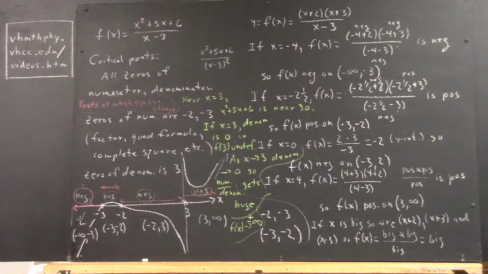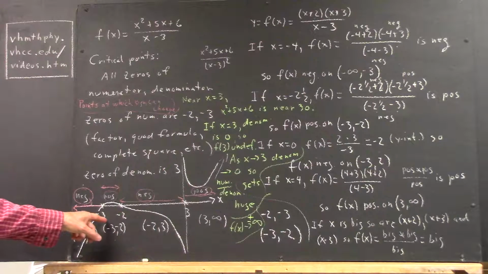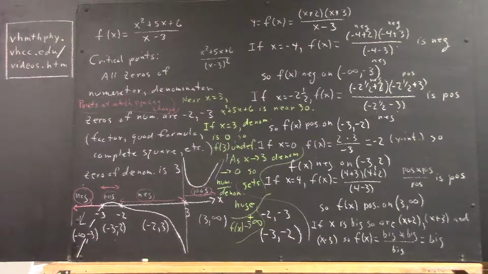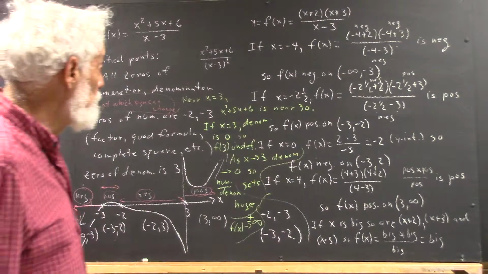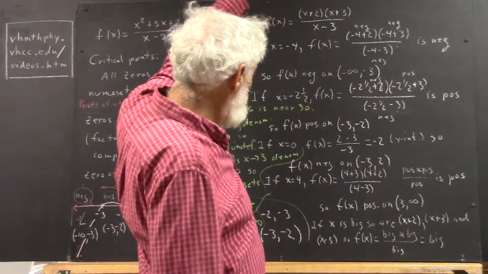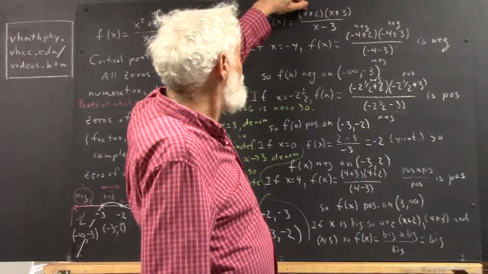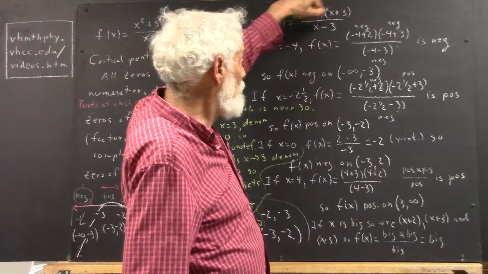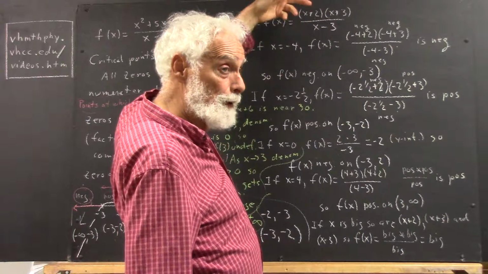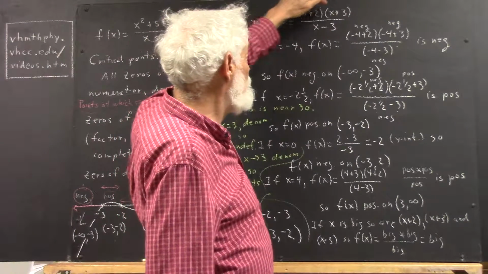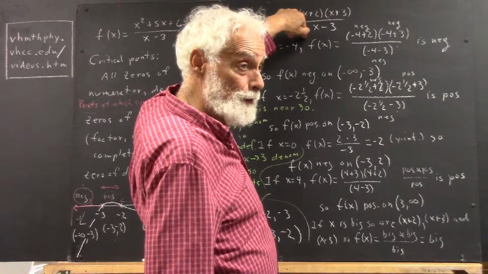Now there's another way where you don't even have to use numbers to determine, for example, that f of x is negative to the left of negative 3. There are some really big negative numbers to the left of negative 3. If you put a really big negative number in for x, well, x is positive in every one of these factors, so that really big negative number is going to make each of these factors negative, isn't it?